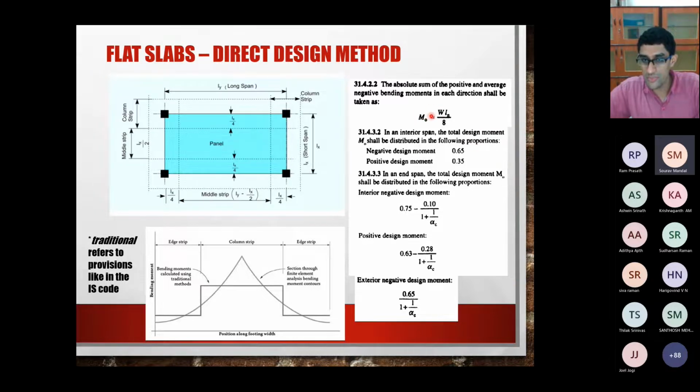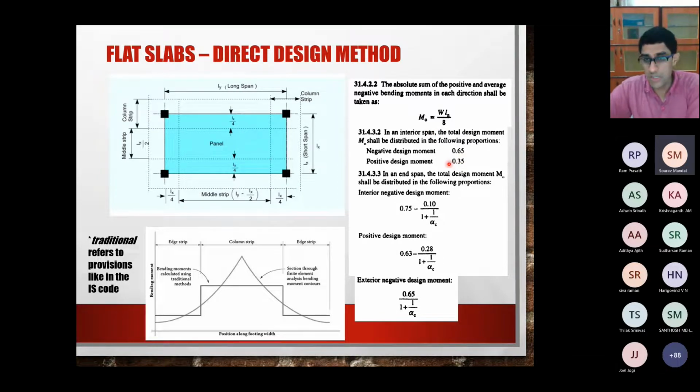Once you find M naught, if you have an interior span, meaning you have a plan and anything which is not at the edge or the exterior, that is an interior span, then you can just take this M naught. 65% of this M naught becomes negative moments, and 35% becomes positive moments.